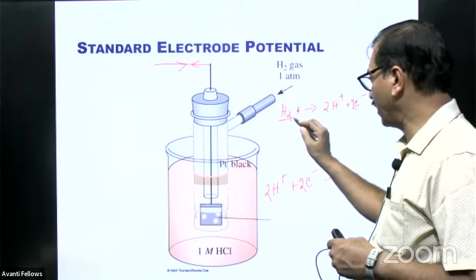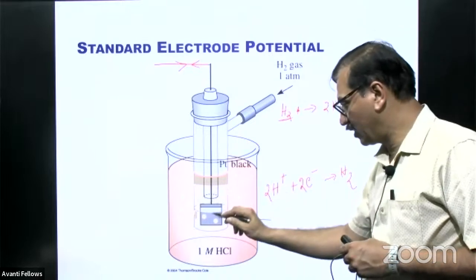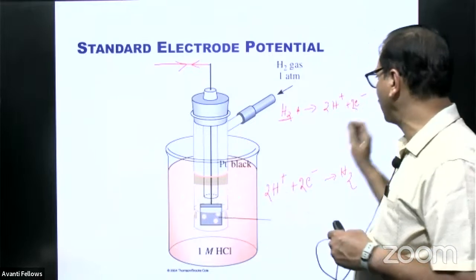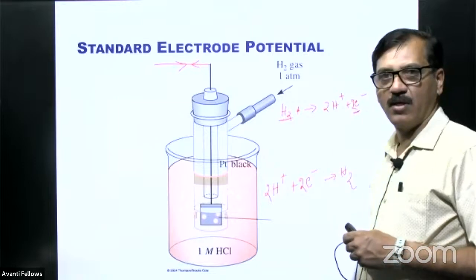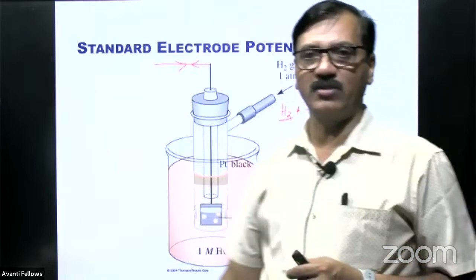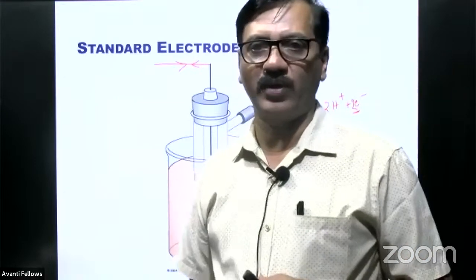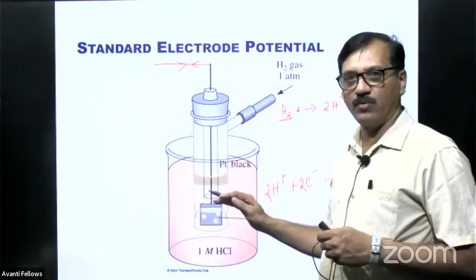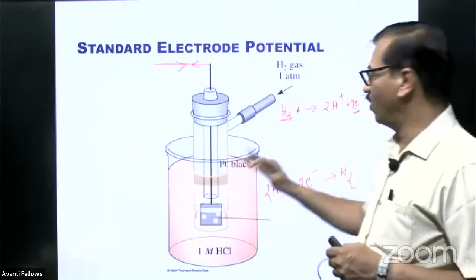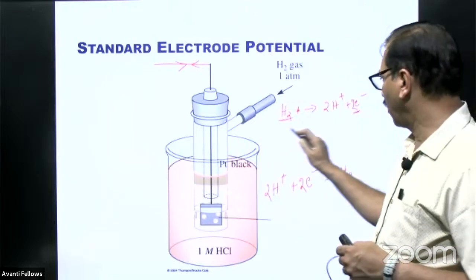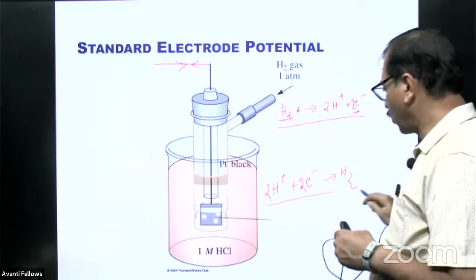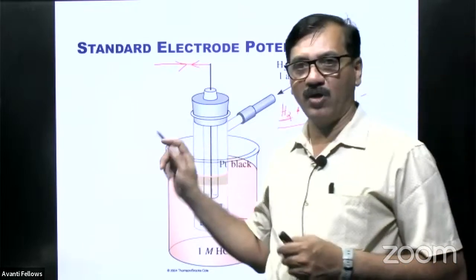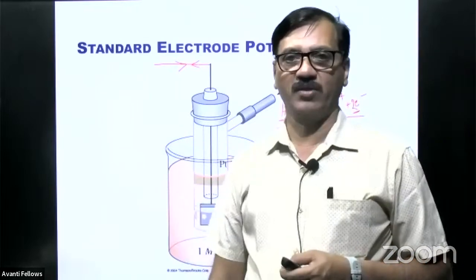So hydrogen gas, where platinum is there, will send the electron through, forming more and more concentrated acid, right? So the standard hydrogen electrode, whose voltage is considered to be 0, may undergo oxidation or reduction depending upon what the other half cell is.